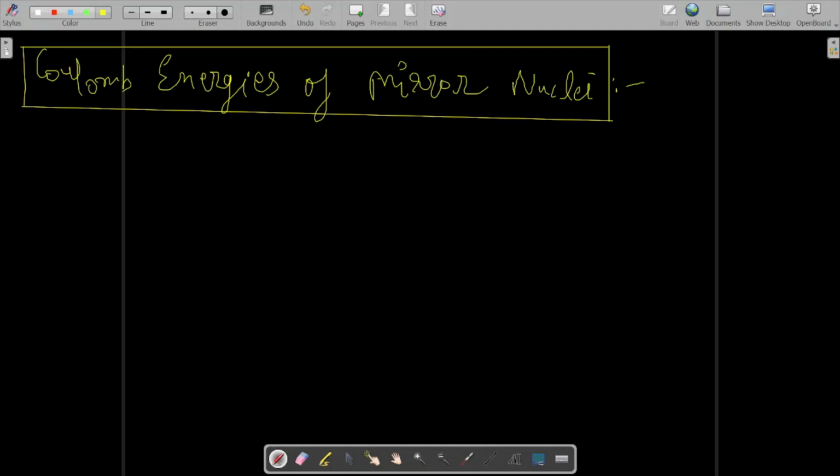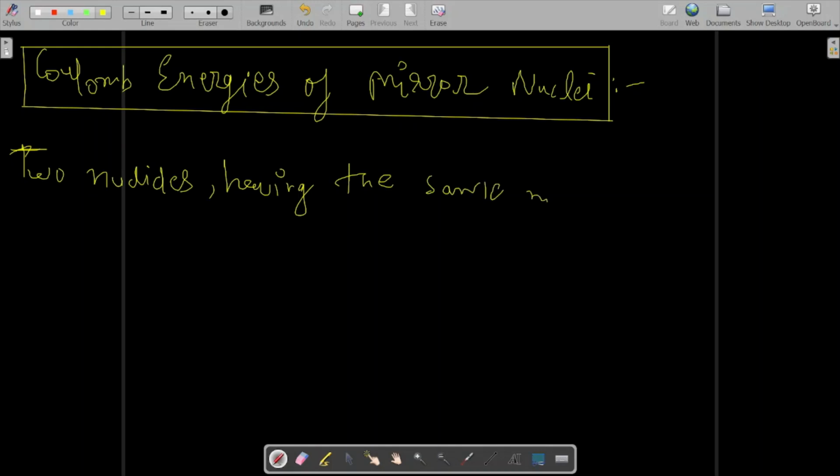So what is mirror nuclei? We will learn that first. Two nuclides having the same number of nucleons.